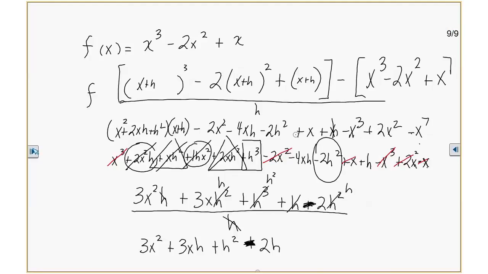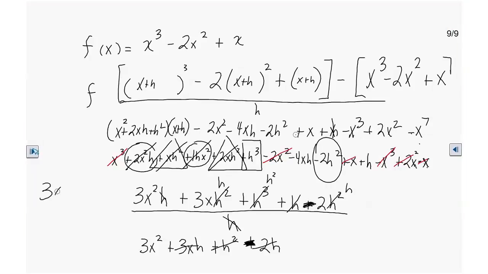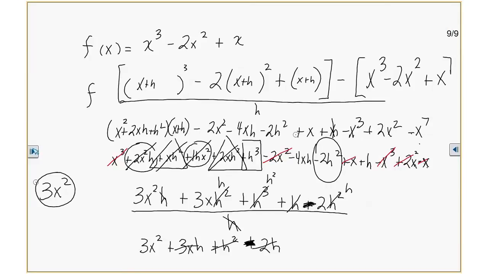All right, that'll go out, and that'll go out, right? So that leaves you with 3x squared. Oh, that's 3 steps up, okay. There, 4x, okay, that comes down, minus 4xh. Okay, good, minus 4x.